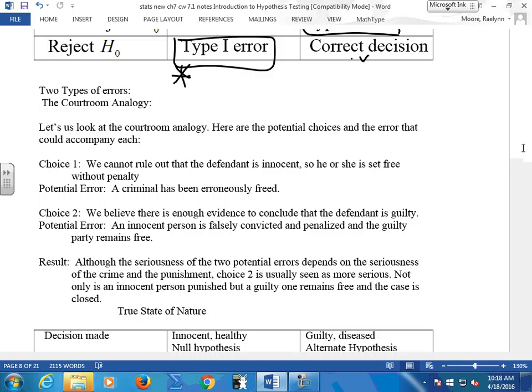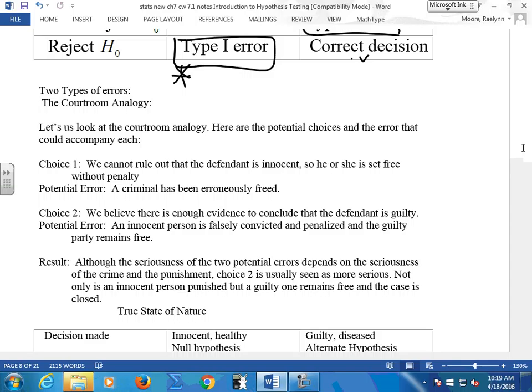So in a courtroom, I don't think you have this in your notes, do you? No. So in a courtroom, here are your potential choices and the errors that could happen. Choice 1, we cannot rule out that the defendant is innocent. So he or she is set free without penalty.